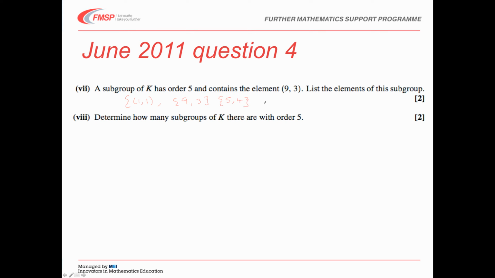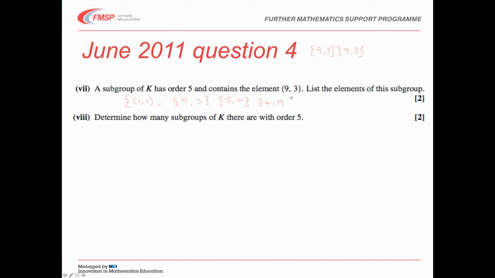The best thing probably to do is just look at the element 9, 3. Well, we know that if we combine it with itself, 9, 3 times 9, 3, let's see what we get. And again, you can look back at your tables for this, or we can just work it out again. 9 9s are 81, 77, so that's going to give us 4 modulo 11. 3 3s are 9, so that's going to give us 9 modulo 11.